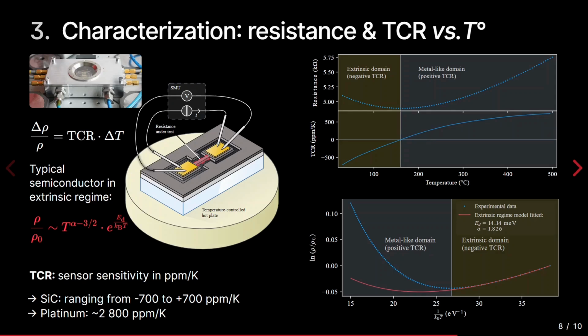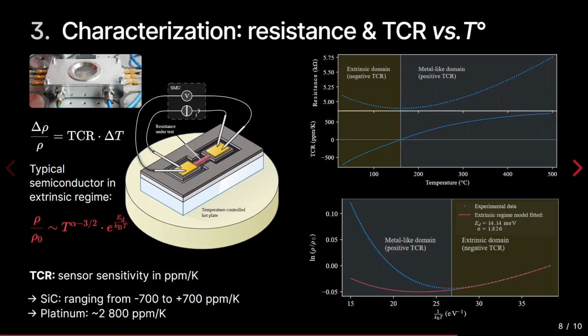When you heat the material up, the dopant will generate carriers following this regime, and in the extrinsic domain region, we have a really good fit of this law, and we have correct order of magnitude of dopant energy and alpha coefficient.